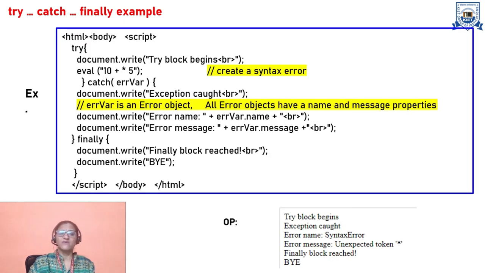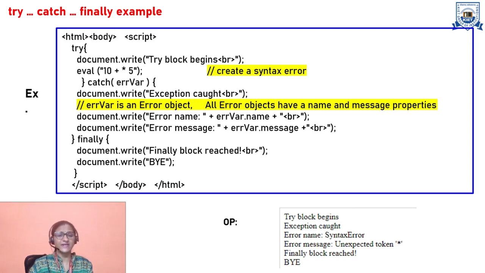Try, catch, finally means if there is any problem, catch will trap it, and whether it is trapped by catch or not, whatever statement is written in finally will definitely get executed. The finally block is used when we want to display some critical messages in any case.